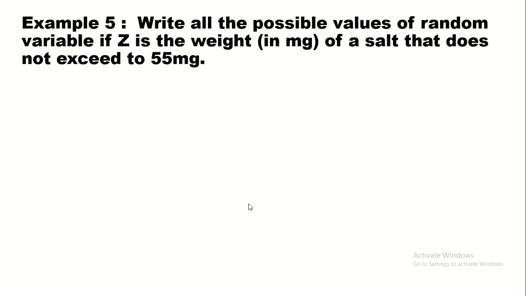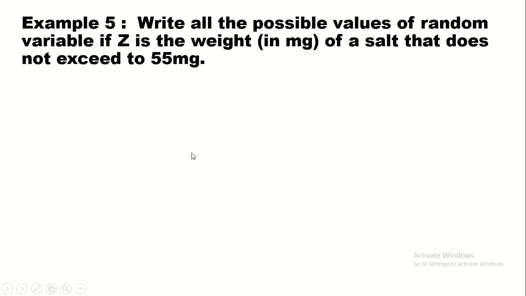Example number 5. Write all the possible values of random variable z if z is the weight in milligram of a salt that does not exceed 55 milligram. Halimbawa, meron tayong asin sa isang bottle na kung saan alam na naman natin na in milligram. Pero kailangan natin maisulat ang random variable z pero wala tayong definite na weight ng asin sa bottle. Okay. Pero it should not be lalampas sa 55 mg.